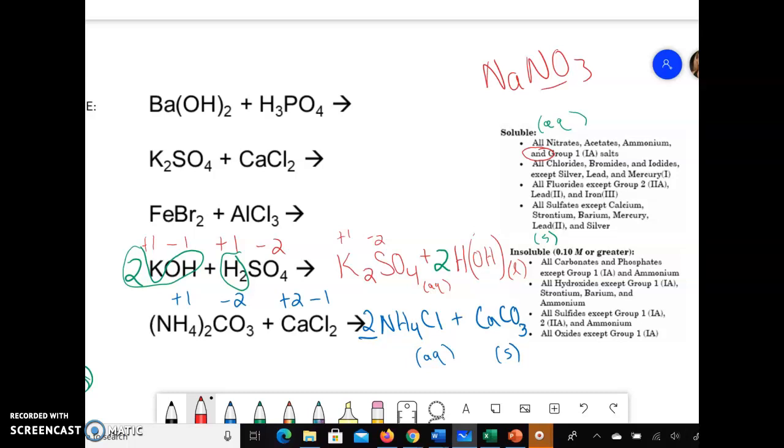Sodium is group 1 and they think that's an exception and bump it into the other category. So for this first rule right here, there are no exceptions. If you have any nitrate, any acetate, any ammonium, or anything with group 1, meaning any alkali metal, it's automatically going to be AQ and it's not going to be a solid.